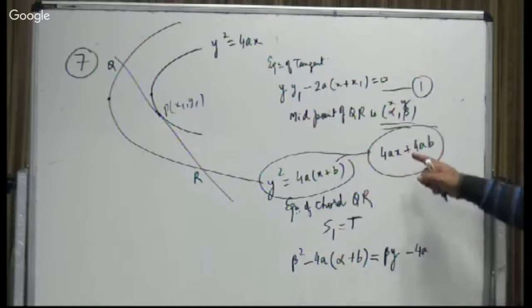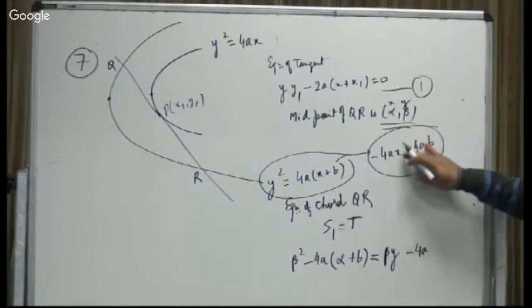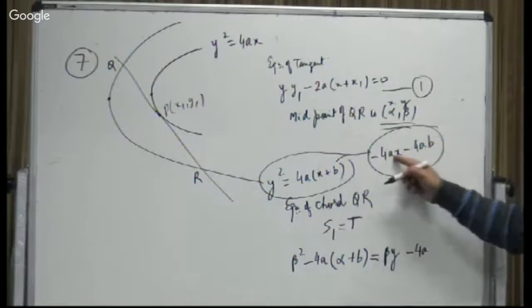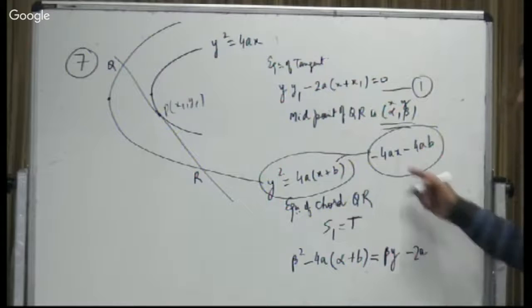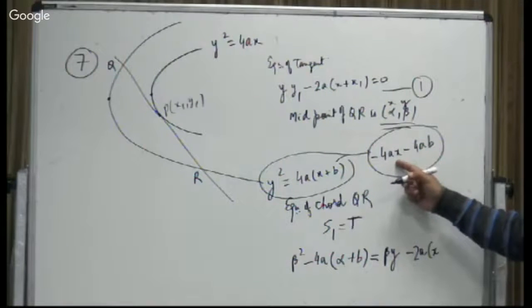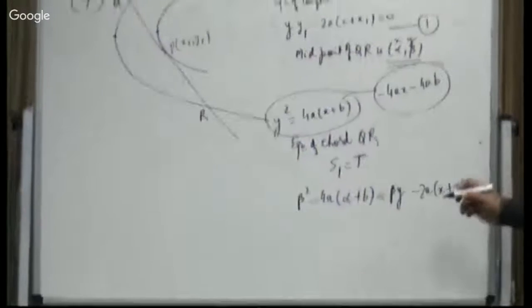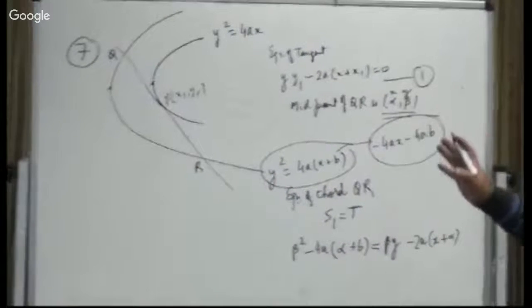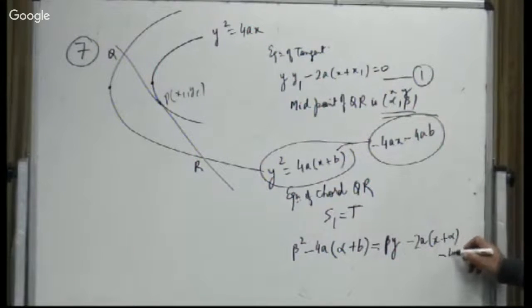So now here what you can write is minus, because I am shifting it to the other side. So minus 2a, and in place of 2x, what will we write? X plus alpha. This is a difficult question. I agree it's difficult, but still. And what about this? Constant will remain as it is. Is that clear to you?